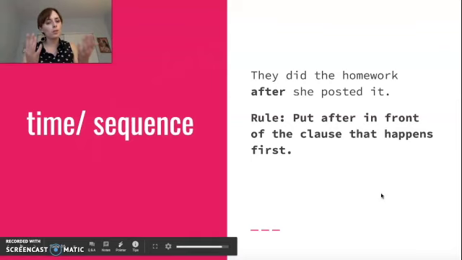What did happen first? Well, it makes sense that she posted it, they did it after. So we have to use the word after in front, let's just read this here. Put after in front of the clause that happens first. So after she posted it.